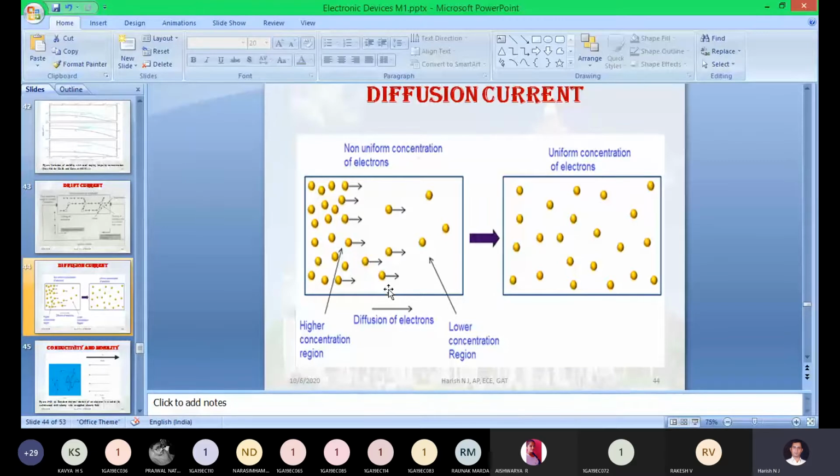Now you change the temperature from 0 degree to 300 degree Kelvin. The electron will get additional energy, and in that same direction it will move with a higher speed compared to the previous.